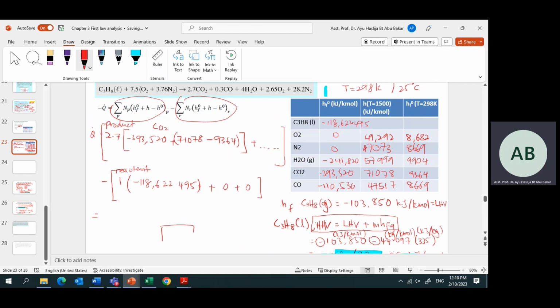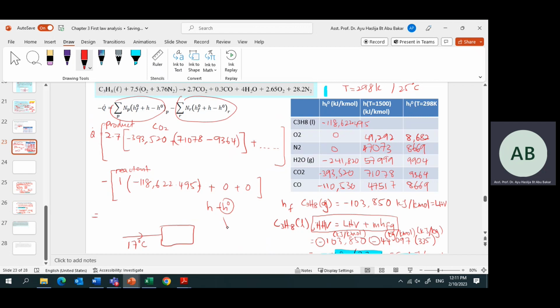Let's say, for example, your inlet enters the combustion chamber at 17 degrees C. So your reactant will have sensible heat. Again, I repeat, if your inlet enters at 17 degrees C, your reactant over here will have sensible heat, where sensible heat is H at that particular temperature minus heat at reference.